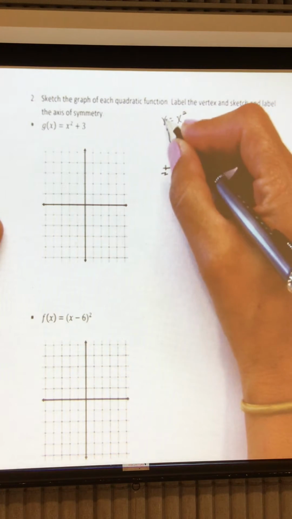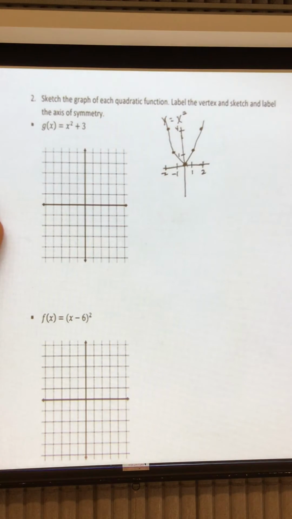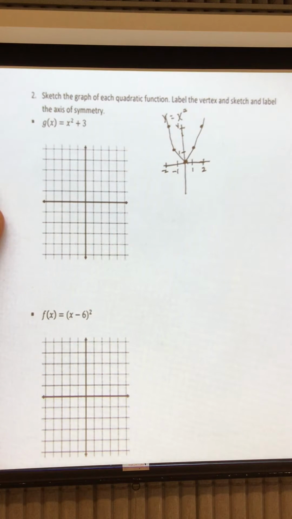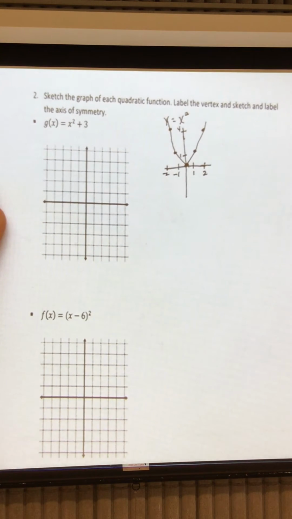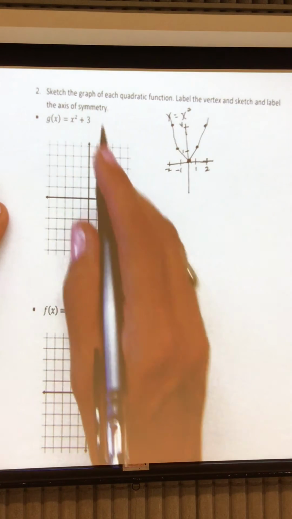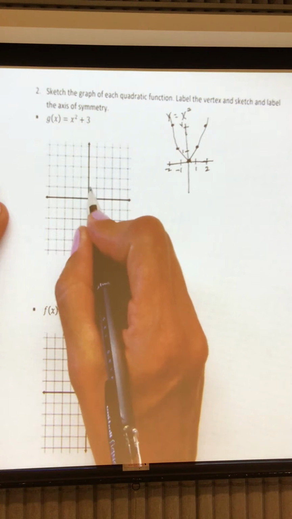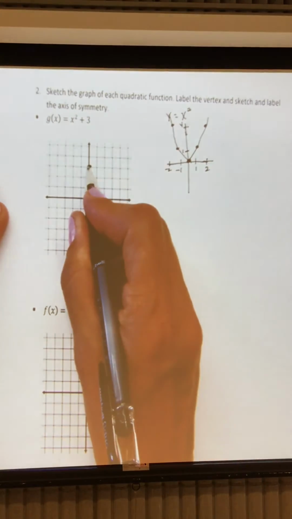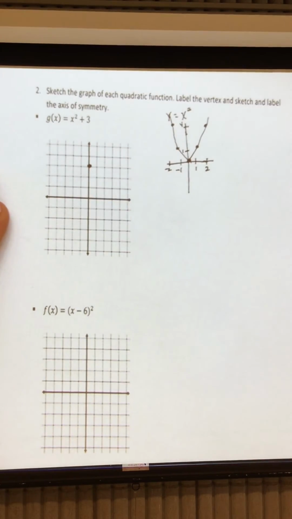So looking at the problem that we have, the graph of x squared plus 3 is the graph of y equals x squared. However, it is shifted up by 3 units. So the vertex here is 0, 3. So 1, 2, 3. So it's shifted up by 3 units.